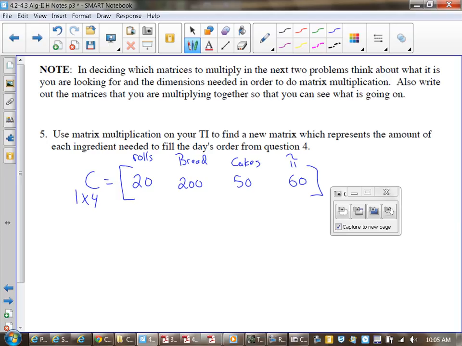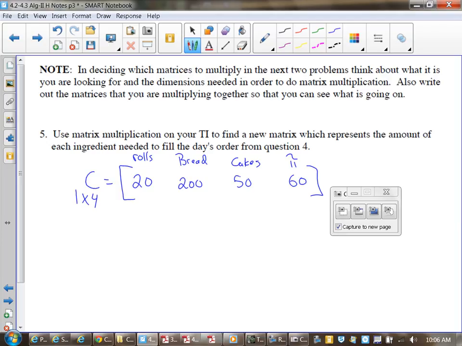Now what they're asking you to be able to do here is if you look back at the other stuff, it tells you what information it needs. So what you're trying to figure out here is the amount of ingredients that you need to fill today's order. So if I'm going to be multiplying stuff out, I have to start watching my dimensions.